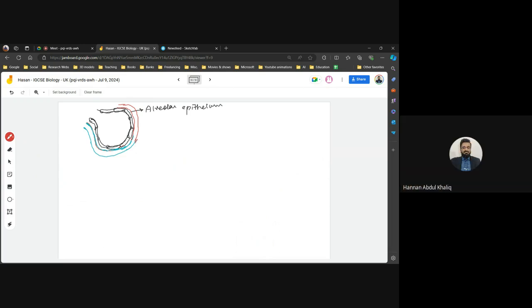Very good. Basically, this is right. Most students answer that the deoxygenated blood is blue and the oxygenated blood is red. No, the difference is that deoxygenated blood is darker, and the oxygenated blood is bright red.